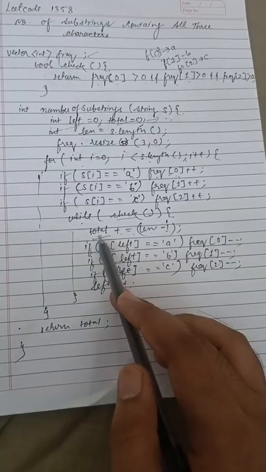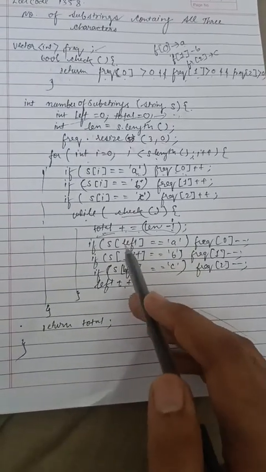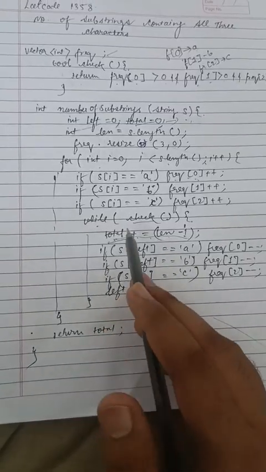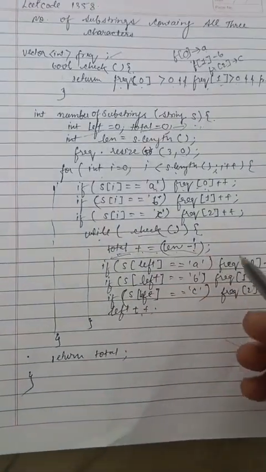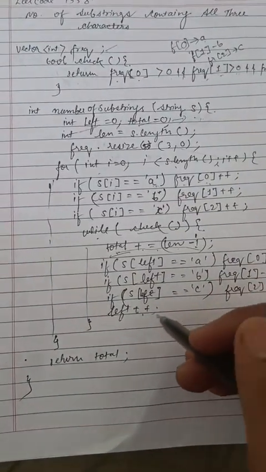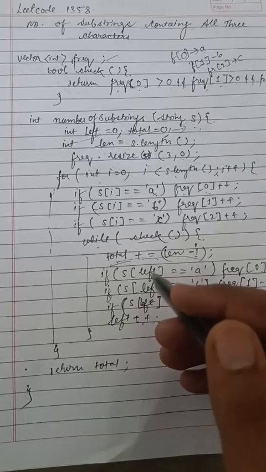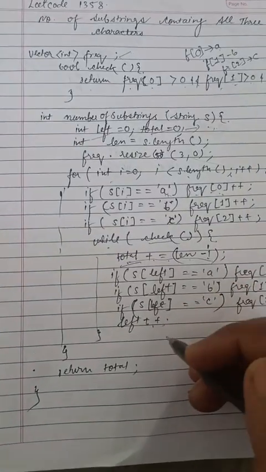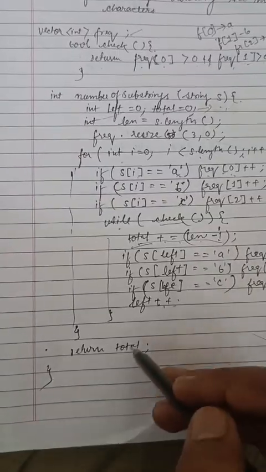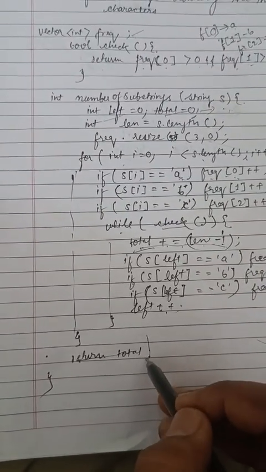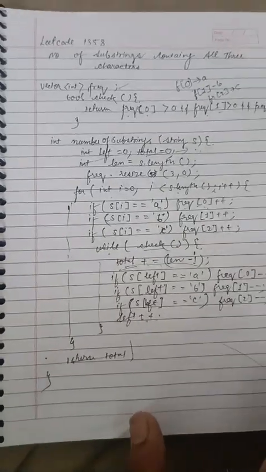If it is, we calculate the total number of substrings possible, and while this condition is being met, we continue to find the total number of substrings possible. Then inside the for loop, and finally we will return the total variable as the answer. This was the question.